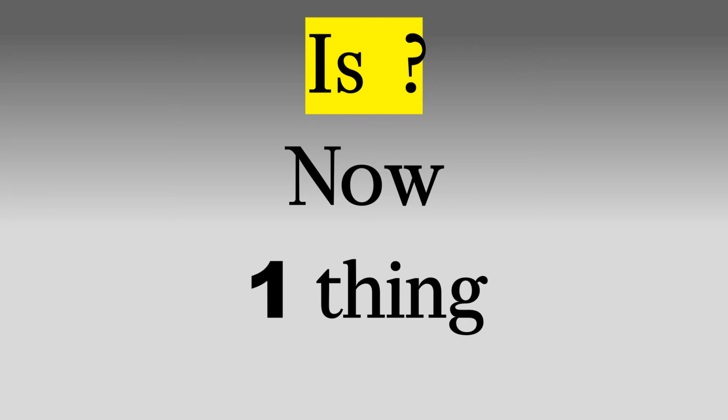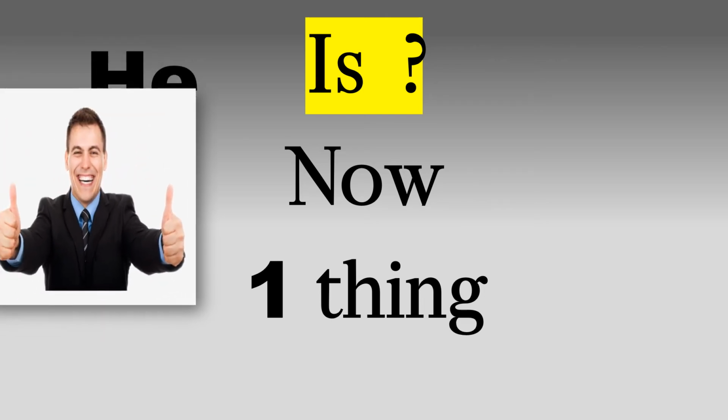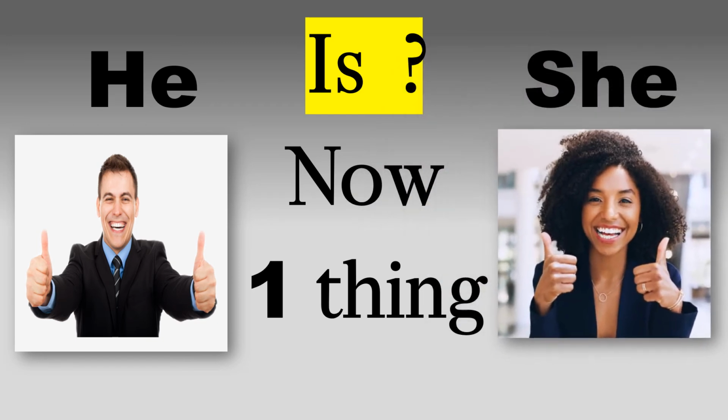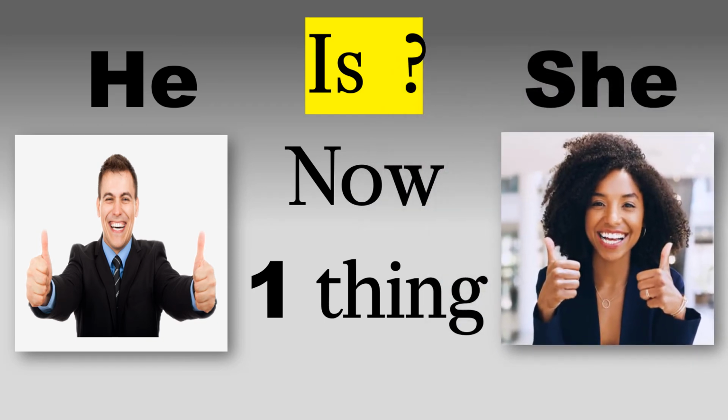Okay, so what people words do we use with is? Is he? So if it's a boy or a man, we say he. And you know, she. If it's a girl or a lady, we say she. Is she young? Is he old? Is.